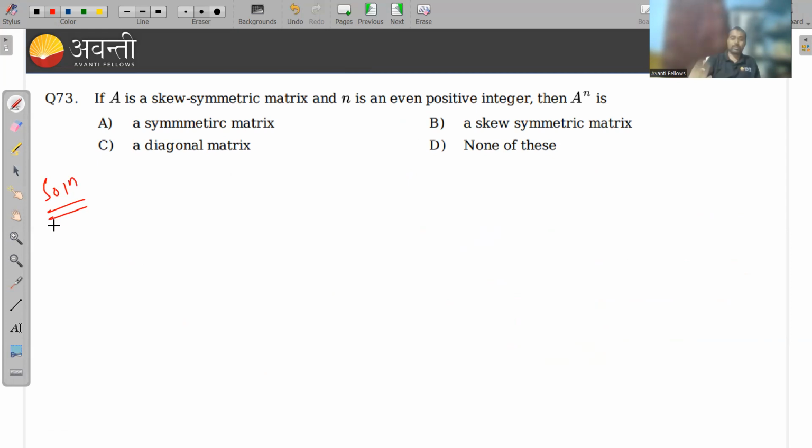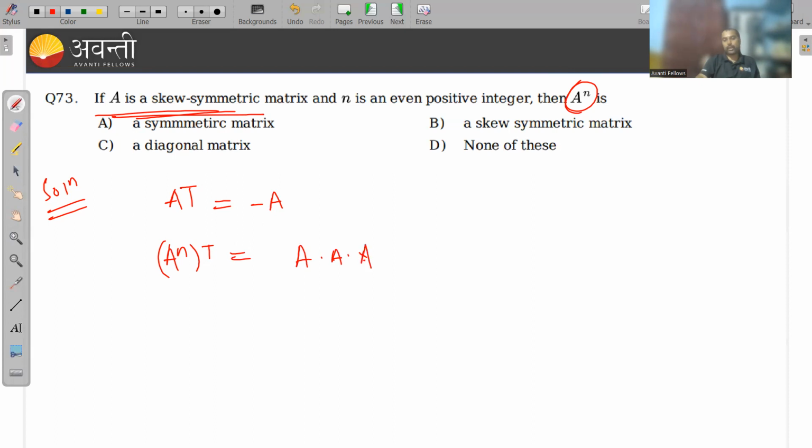Solution is, acha, A is given as the skew symmetric matrix. That is, if A is skew symmetric, so A transpose is equal to minus of A. Now, if we check for A to the power n, if we take the transpose of A to the power n, this can be written as A into A into up to n times of A, whole transpose.